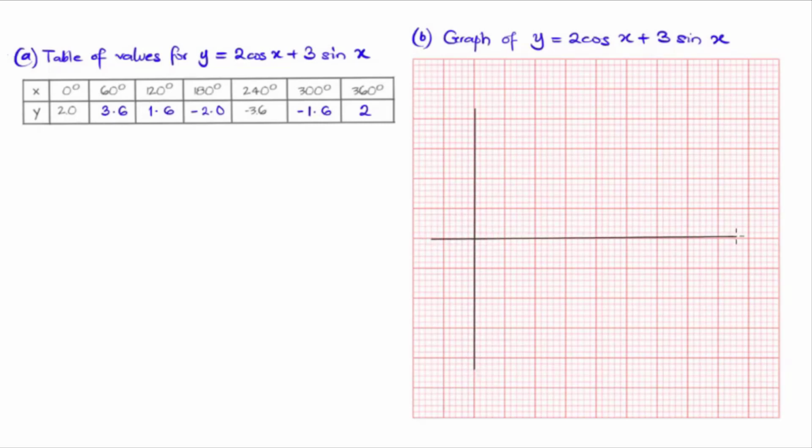The degrees are all in positive range, so we need to move our vertical axis towards the left so that we can cater for all the positive values of x. But for y, we have negative and positive values. We have plus 3.6 as the highest value. We have minus 3.6 as the lowest value. So we need to scale that evenly above and below the horizontal axis.